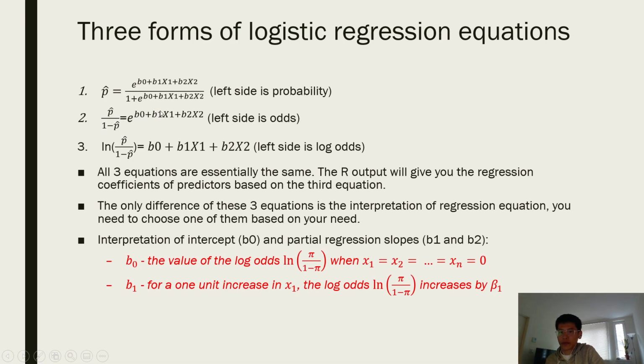But the right hand side is still kind of hard to interpret, right? It's e to the linear combination.